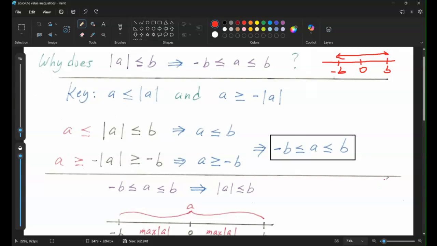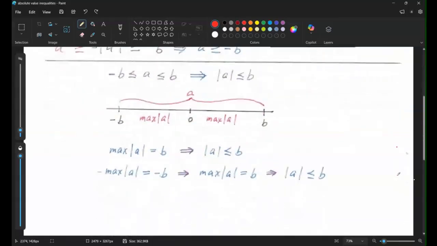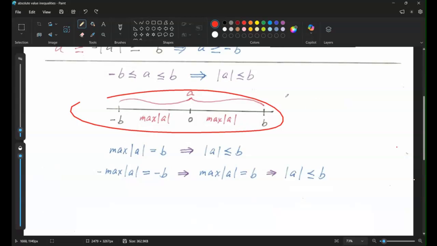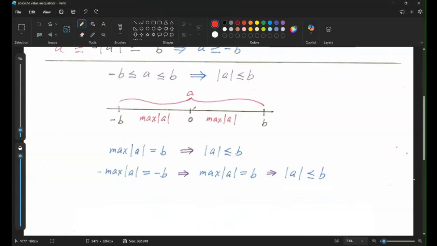So that's the proof. But just to be more thorough, let's think about how this implies this. In other words, let's think in reverse. I took this and drew it out, and we can see that the maximum of the absolute value of A would be this distance, a positive number, of course.